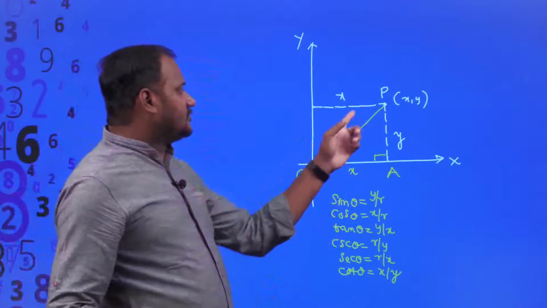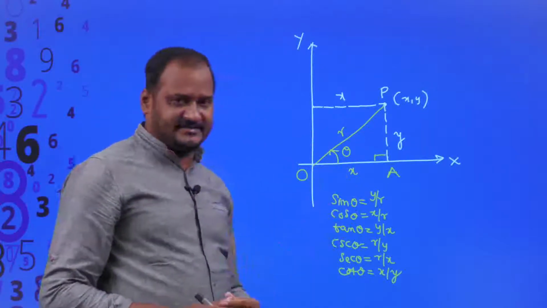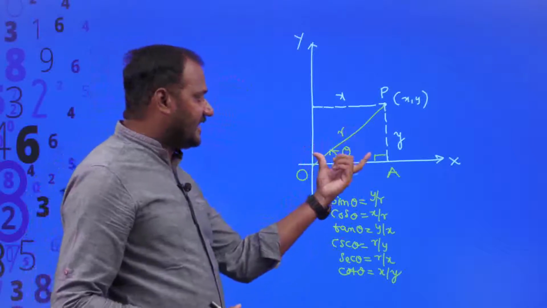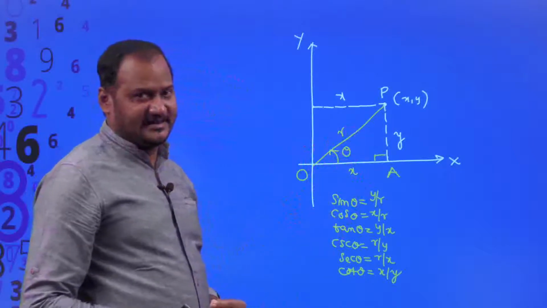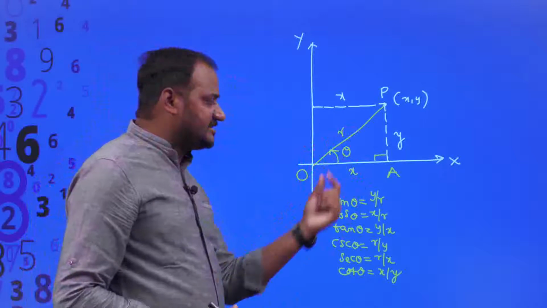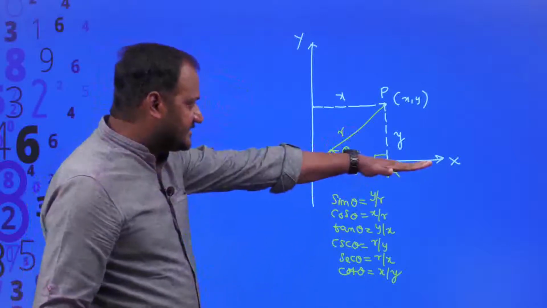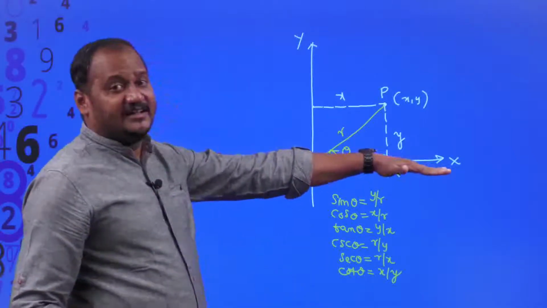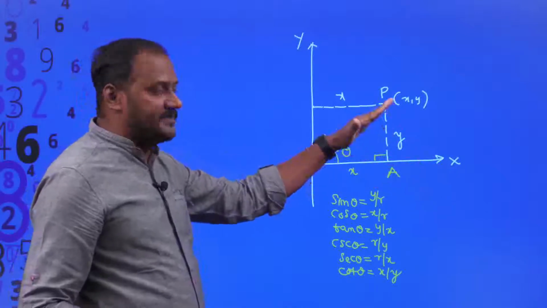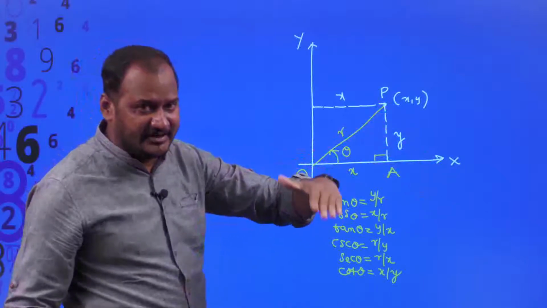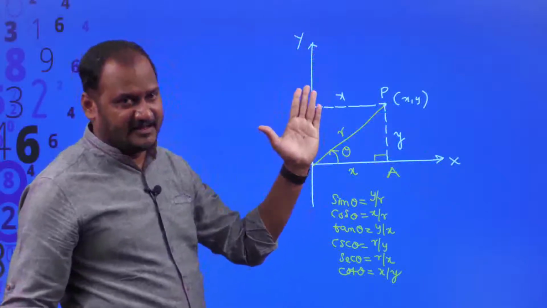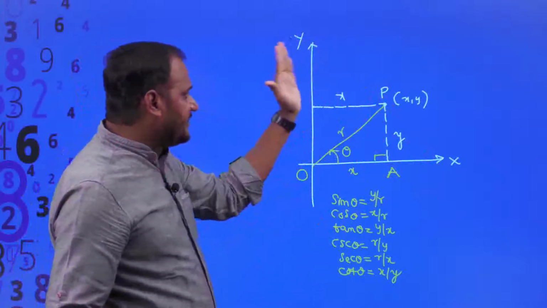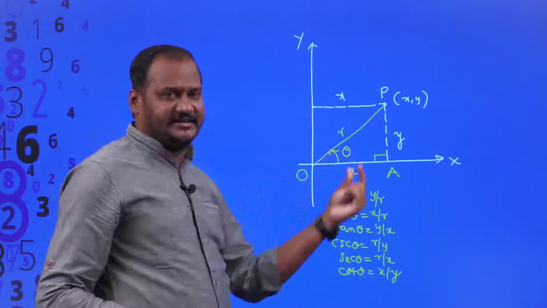See here, this OP is lying on the x axis. If this OP lies on the x axis, then what is the value of this theta? The x axis is the initial ray and OP is the final ray because it is rotating in the anti-clockwise direction. So when it is rotating in the anti-clockwise direction, then some angle theta is formed.